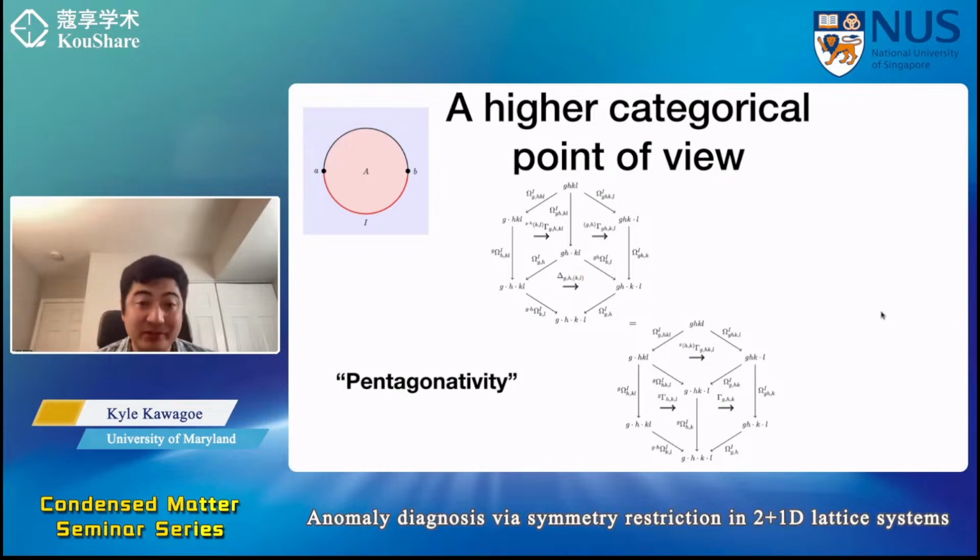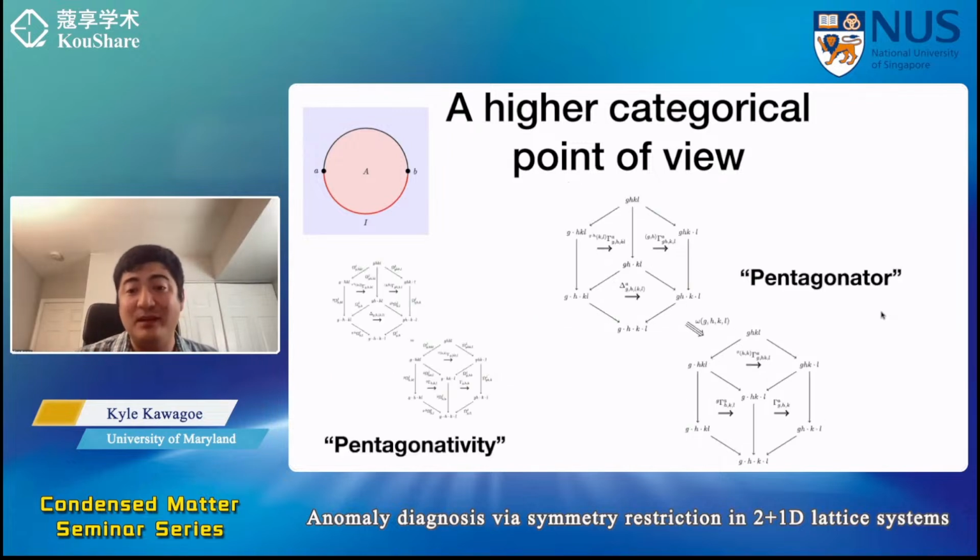And before symmetry restriction, at this sort of categorical level, these two are equal on the nose. So whereas you have the square representing associativity, this equality is pentagonivity, which again is a non-standard term. But if you restrict gamma and delta, and you say, well, this relationship is no longer equality on the nose, but is only equal up to something, in our dimension a complex phase, you get a pentagonator between these two halves of a cube.